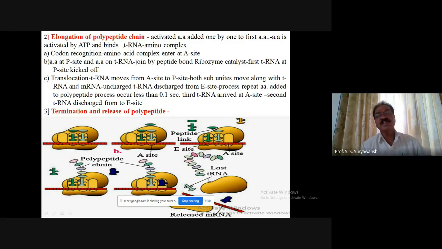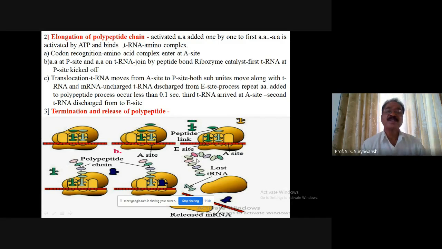Because the only function given to this mRNA is protein synthesis. Once the protein synthesis process is over, the work of this mRNA is also over. So the mRNA is short lived.